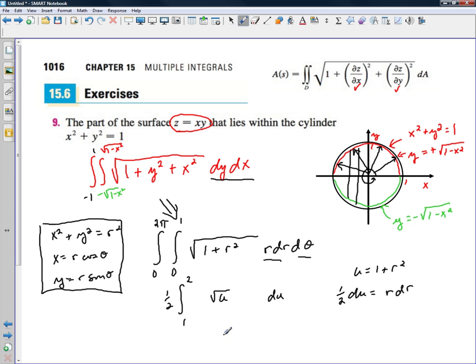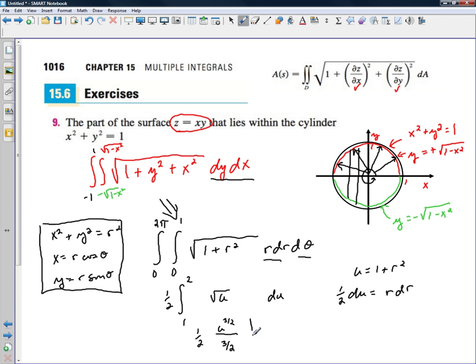So working that out, we're going to get 1/2 times u to the 3/2 over 3/2, right? Square root of u is u to the 1/2. If we integrate that, we add 1 to a half and divide by that number.